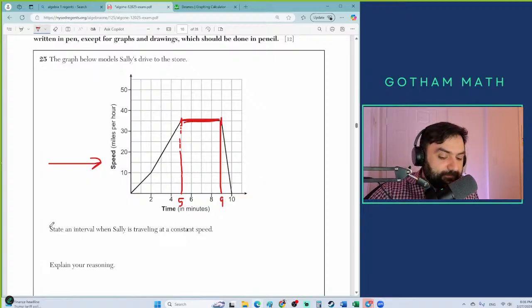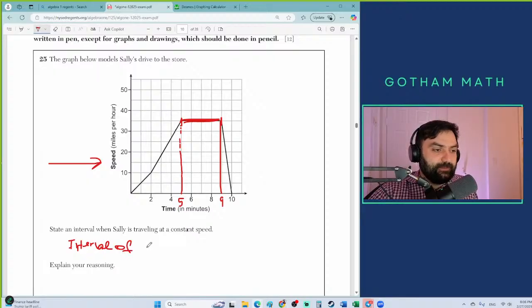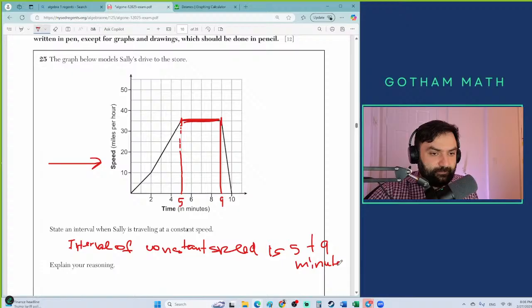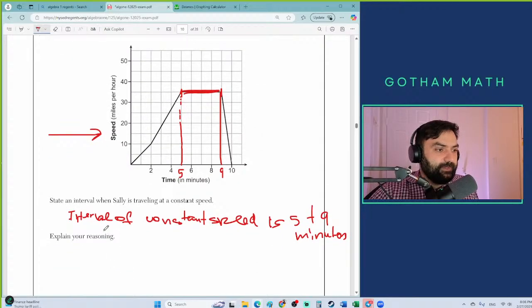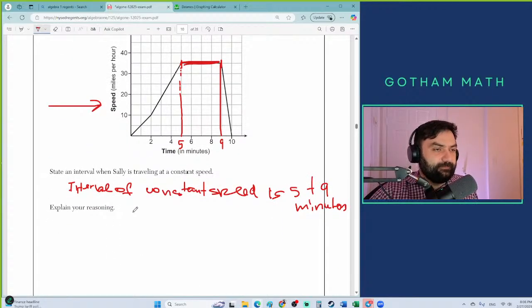So state the interval, the constant speed. You can write interval or interval of constant speed. Constant speed is 5 to 9 minutes. And explain your reasoning on the graph.